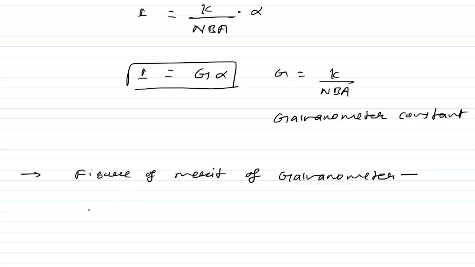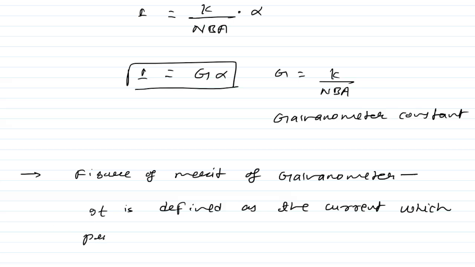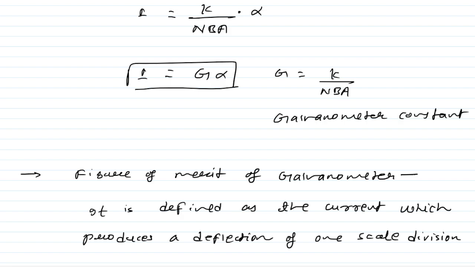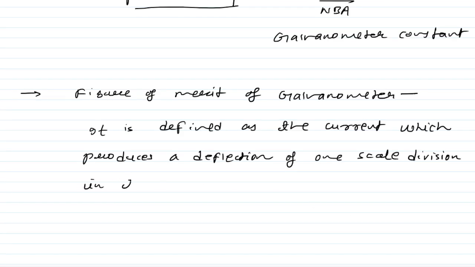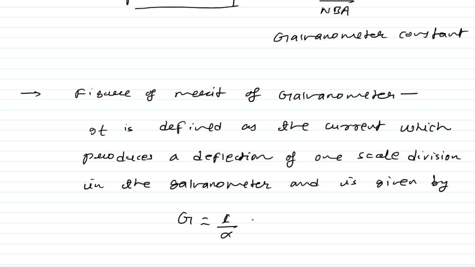It is defined as the current which produces a deflection of one scale division in the galvanometer, and is given by I upon alpha.